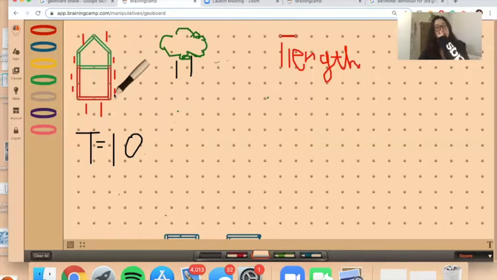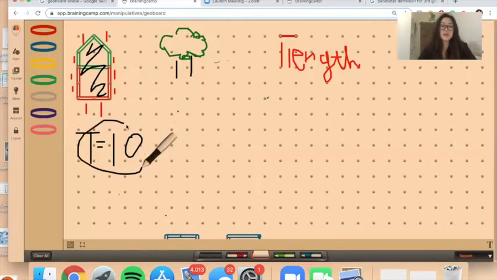I hope you're thinking that if we were to count these 2, or even possibly these 2 pegs right here, 4 pegs actually, it would become a whole new different problem, and we would actually be looking for the area of this polygon, which we're not dealing with right now because we're only dealing with the perimeter, which is focusing on the distance surrounding this shape. So we know the total perimeter of this house is 10.